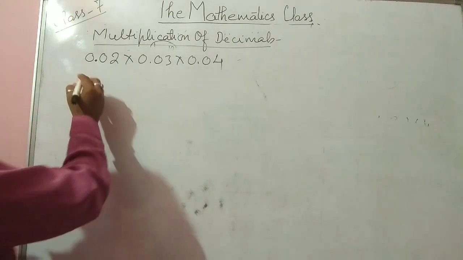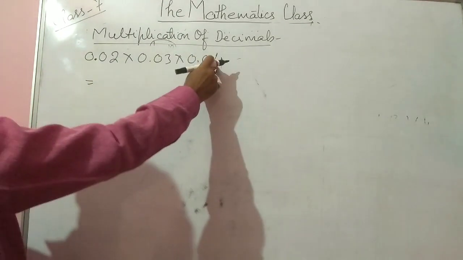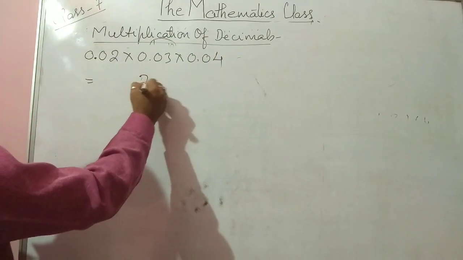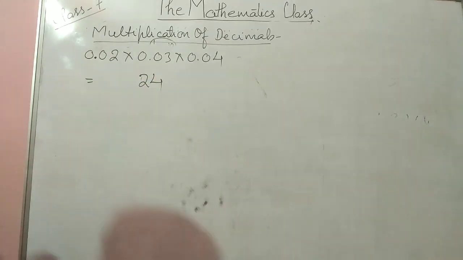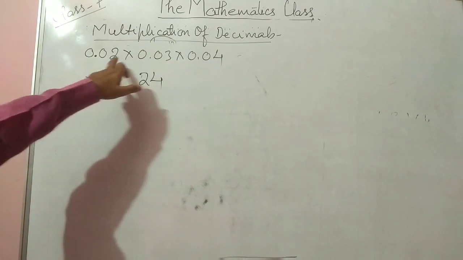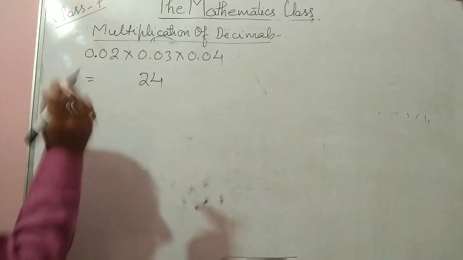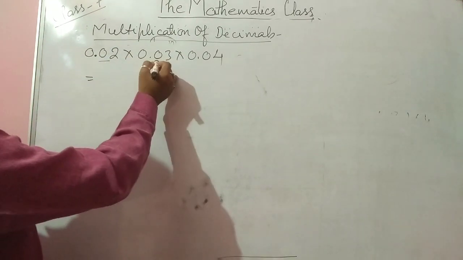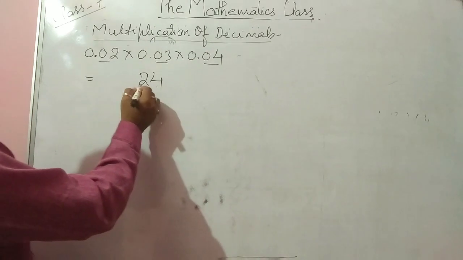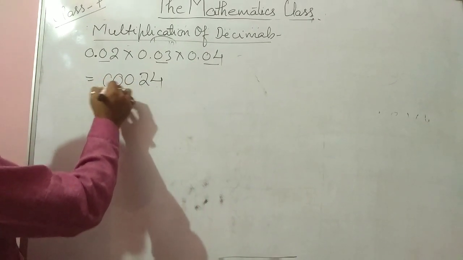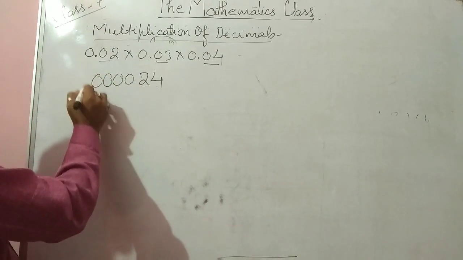We simply multiply: 4 3s are 12, 12 2s are 24. Simple calculation. Now how many total decimal places are there? 2, 4, 6.